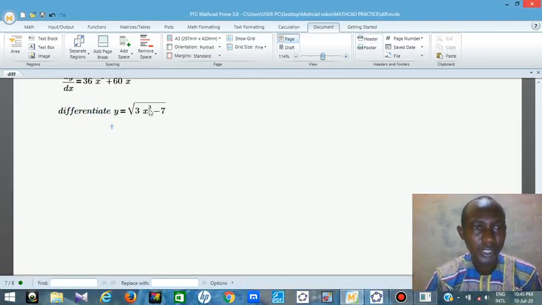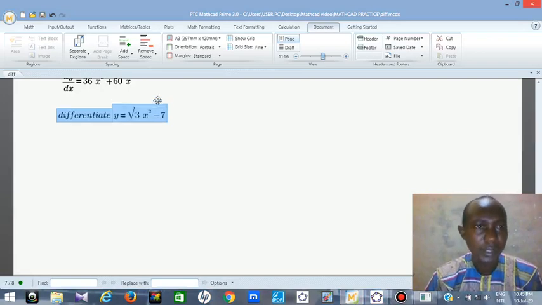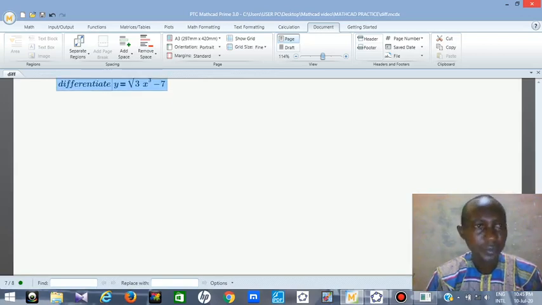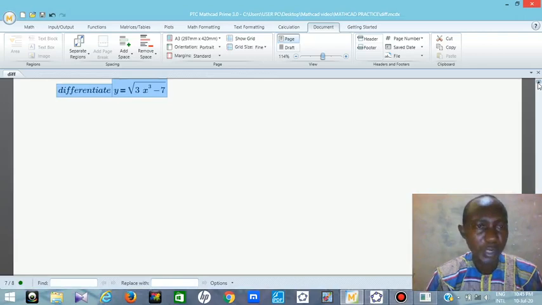How do you do that? Remember, it's also a function of a function problem. So you are going to use the same chain rule or use the other approach that I explained. I will still use both methods so that you understand it very well.